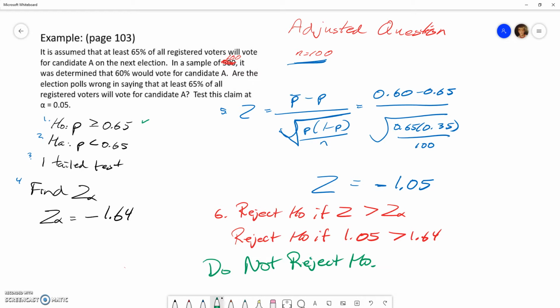Our only correct decision is do not reject the null hypotheses. We're going to leave it up to candidate A or his team to determine if he wants to publicly declare that, hey, this statement is correct, at least 65% of the people will vote for me.